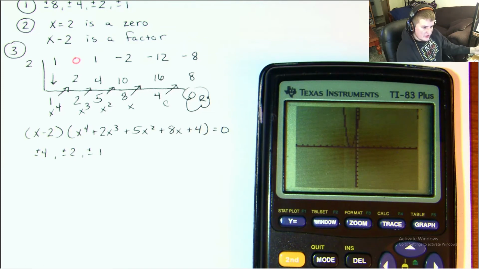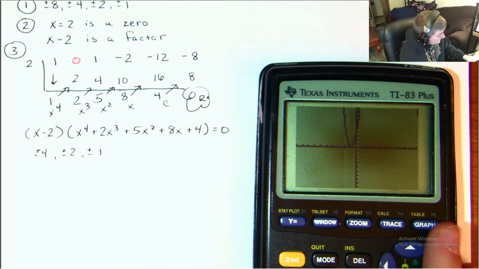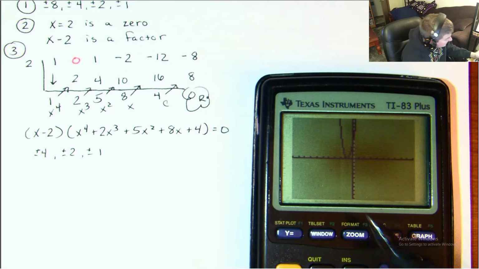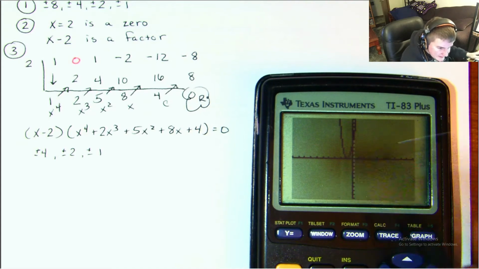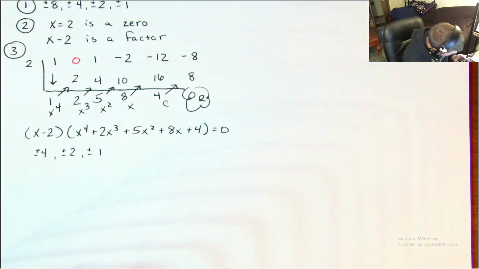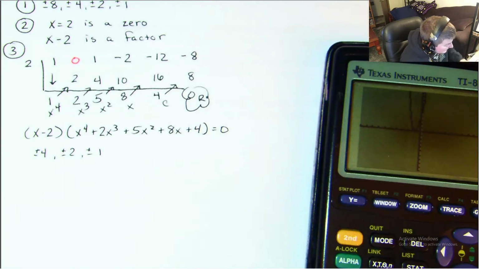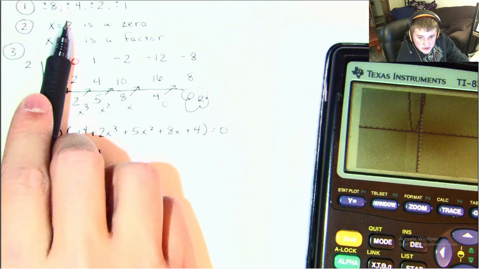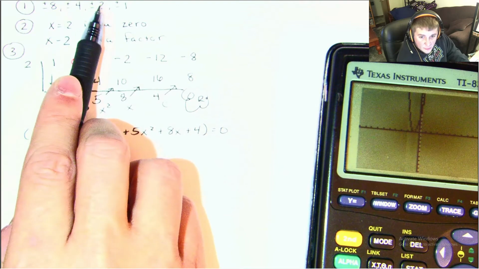So as I look at the graph here, my best guess is that it's at -1. Okay, but -1 is a possible solution. Just like up here, we thought positive 2 was a possible solution.